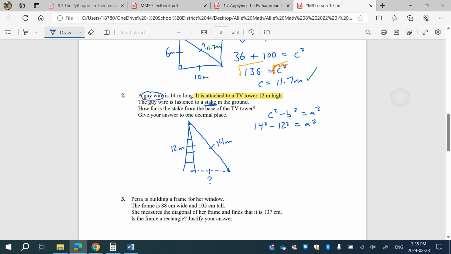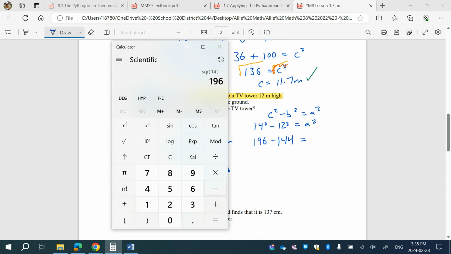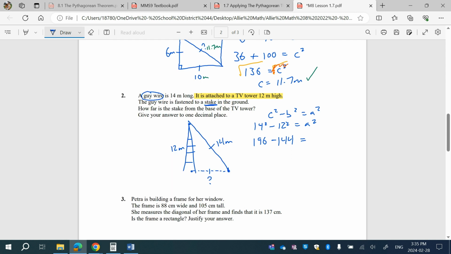Yeah. 196 minus 12 squared. 12 times 12 is 144. That's going to give us a squared. Let's do 196 minus 144. That equals 52. Equals a squared. So 52 equals a squared.